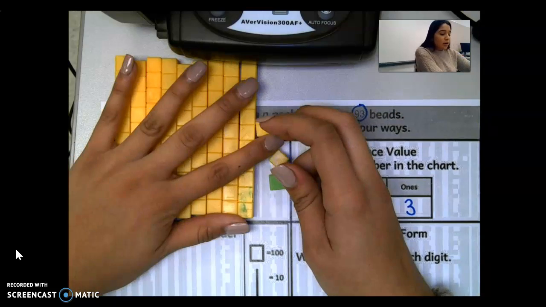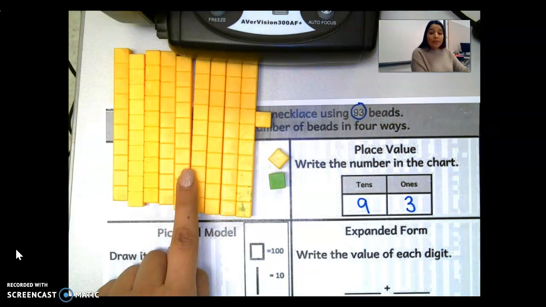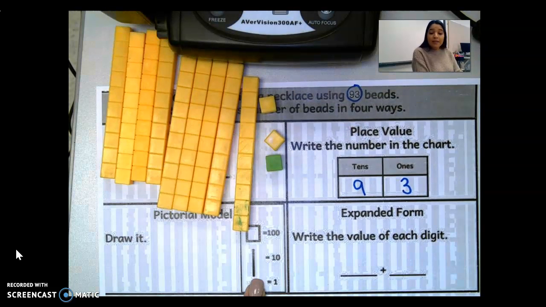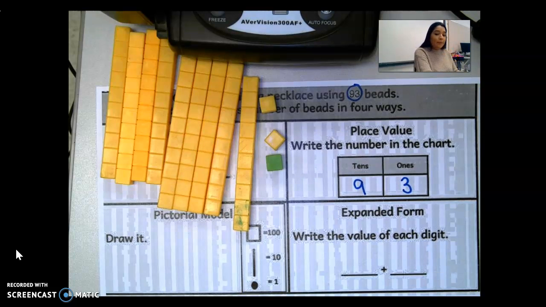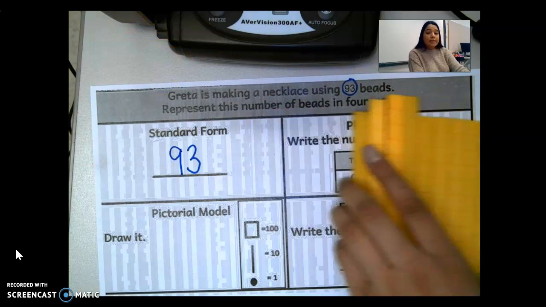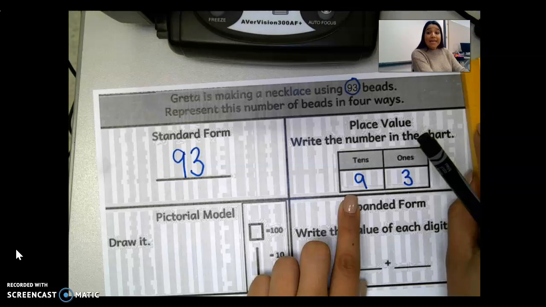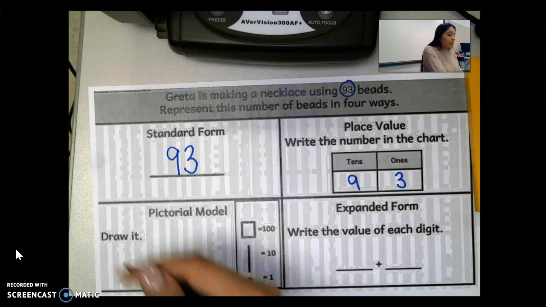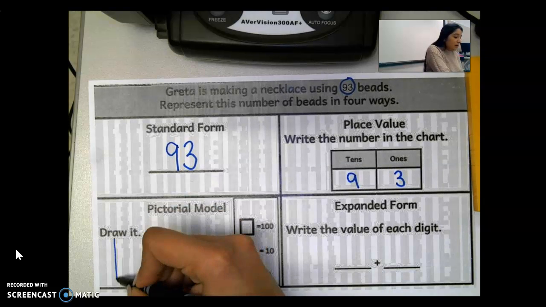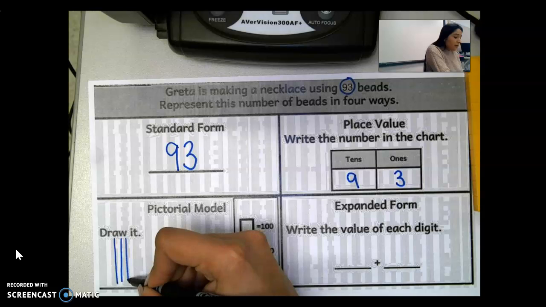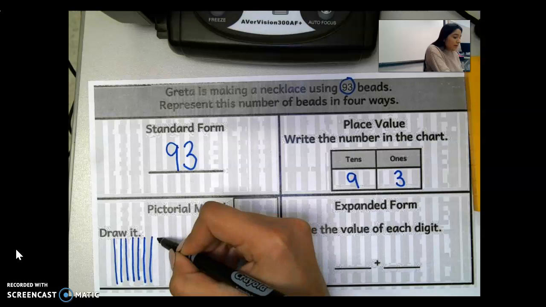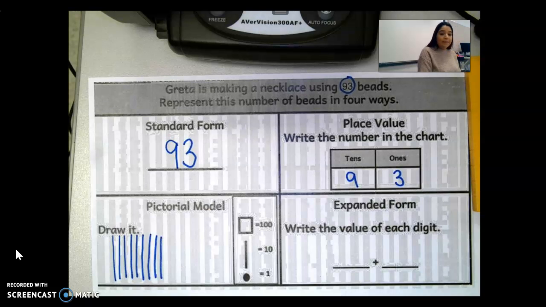Now let's go ahead and draw it. So to represent the tens, we see right here that we draw a straight line down. So how many tens does the number 93 have? 9. So I'm going to draw 9 lines like this in order to represent my tens. So 1, 2, 3, 4, 5, 6, 7, 8, 9.